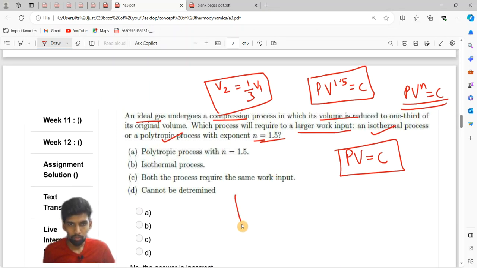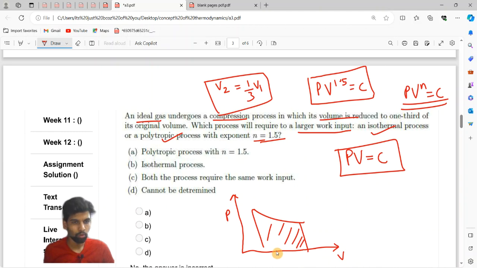So for a closed system, we know that the area under the PV plot projected on the volume axis gives the work done. So this is for the isothermal process and this is for the polytropic process. Since the initial and final states are not changing, we are moving from V1 to V2, so V1 and V2 are not changing.